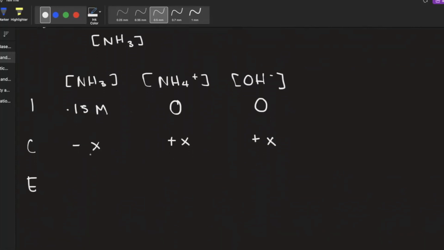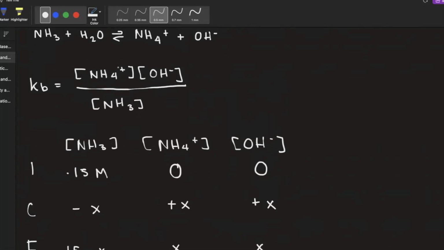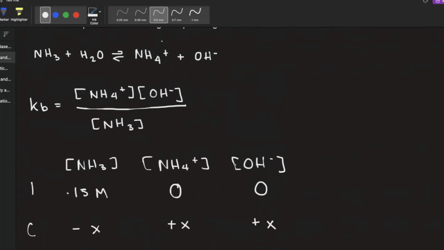And by combining both, we can find equilibrium. So it's going to be 0.15 minus X, X, X. Now that we have these equilibrium values, we can input them back into our Kb expression. So it's going to be X times X, which gives us X squared.